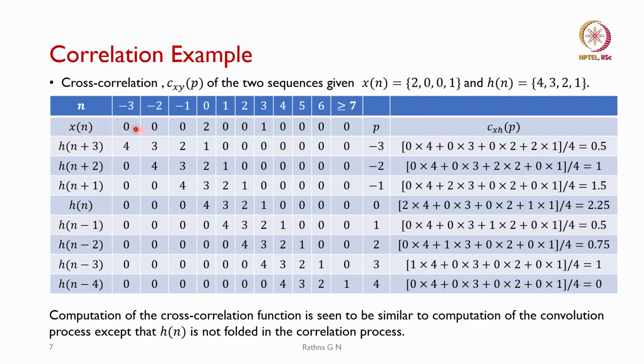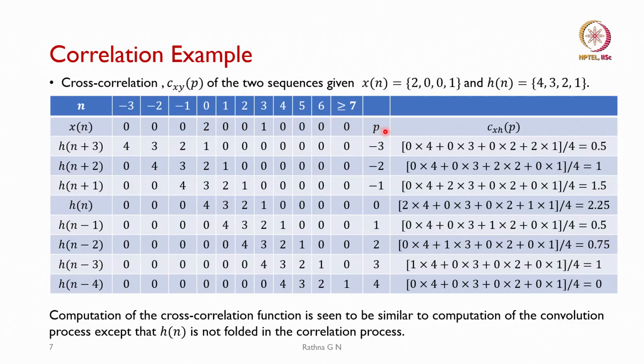So, x of n we are going to write like this. We know that in the negative region it is 0, and if nothing is mentioned, we assume it starts from 0. Sometimes if you want to say that it is starting from the negative side, you may mark it with an upper arrow stating that this is our 0th location. So, it is 2, 0, 0, 1 and elsewhere it is 0.